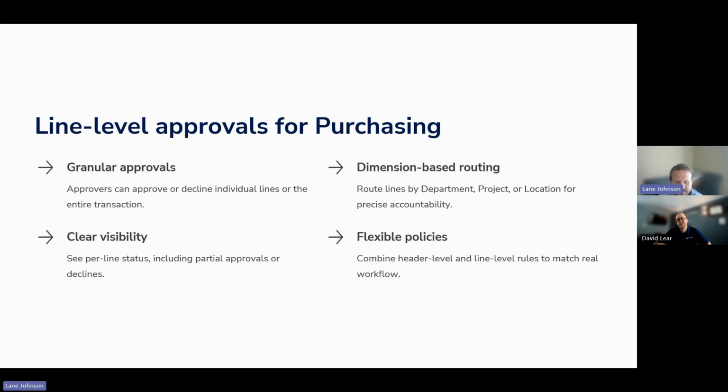I think this is just a much better purchasing workflow that's more connected to how it works in reality versus these previous header level rules. So, if you're running purchasing and have approvals turned on, please reach out here and let's talk about this one.